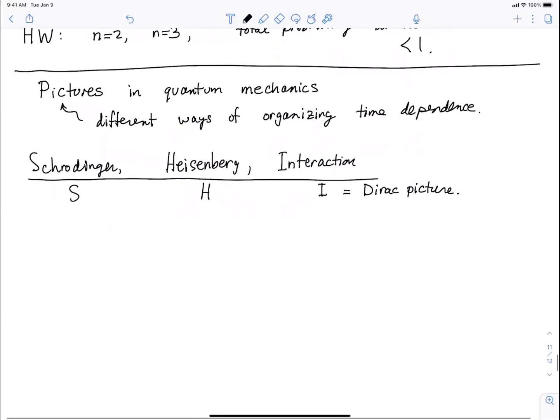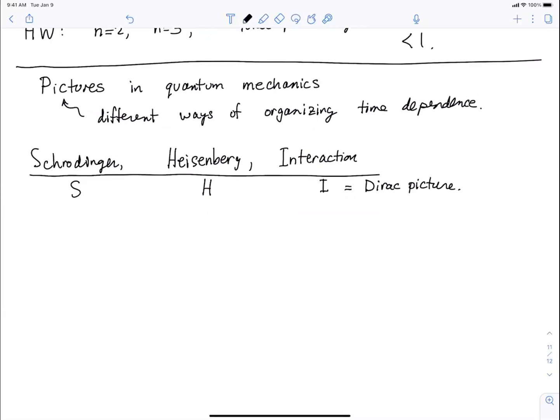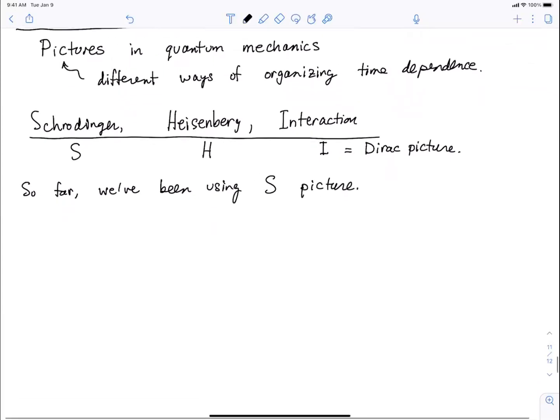Okay, and so the H we're going to have to be a little bit careful of because H we always think Hamiltonian, but now it's going to mean Heisenberg. And so the first thing we need to know is that everything we've done up to now in this course has really been in the Schrodinger picture. So far, we've been using the Schrodinger picture, which I just write as the S picture. And what does that mean?